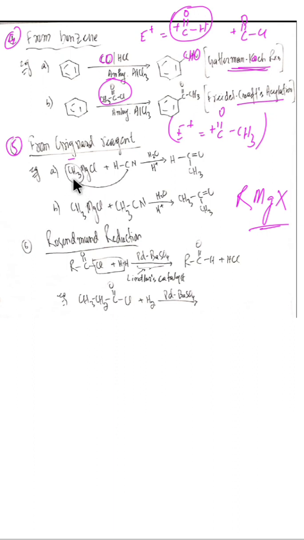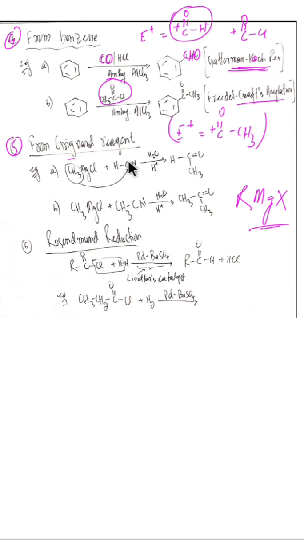This nucleophile attacks this CN, because this carbon is attached to a more electronegative element, nitrogen, so this carbon will have a partial positive charge.